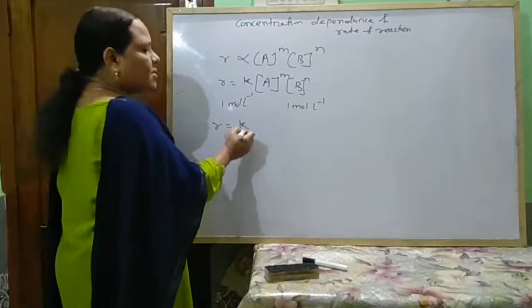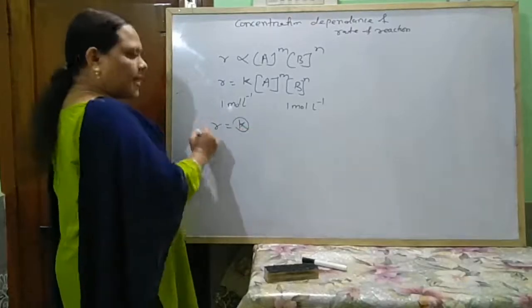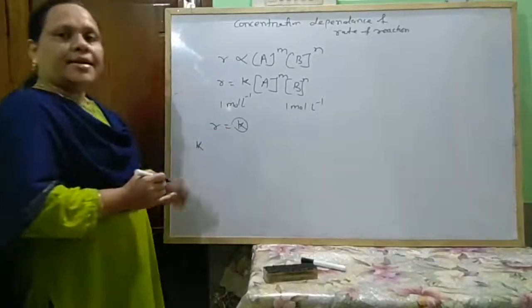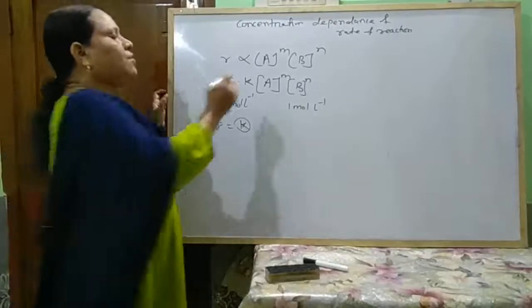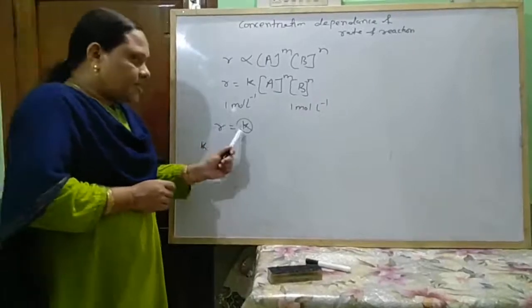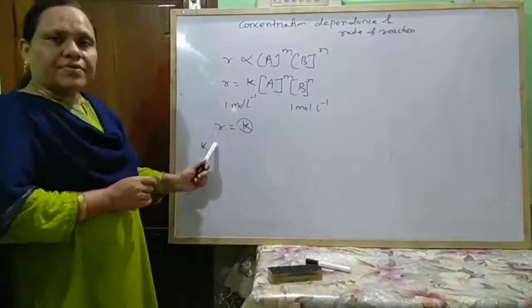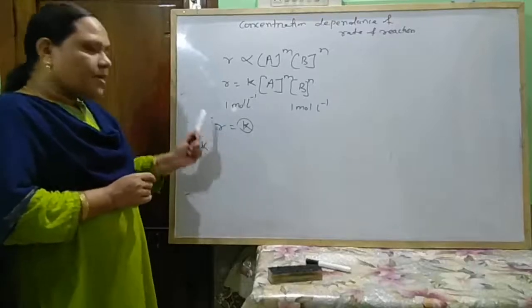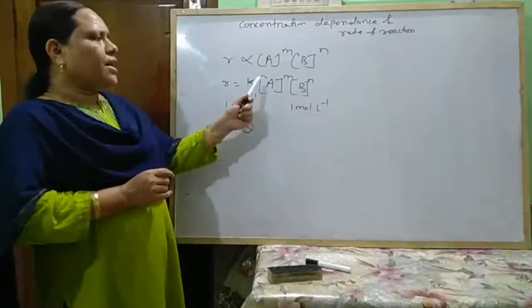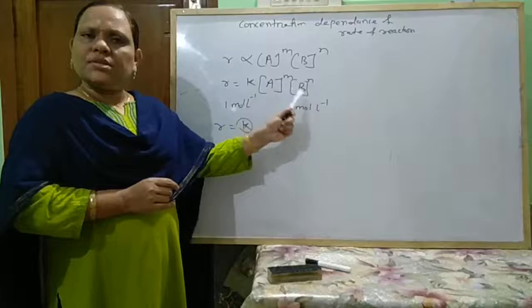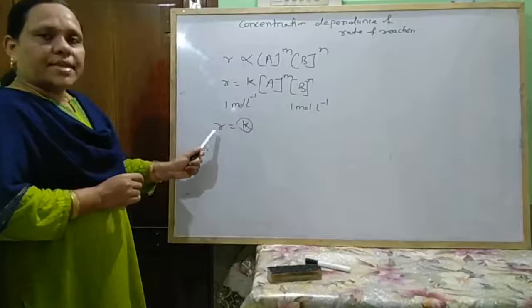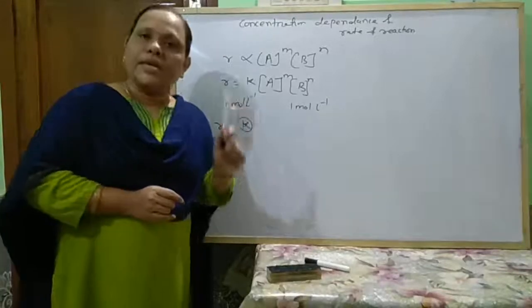In this way we can say the specific reaction rate, or the rate constant, or the velocity constant, is equal to the rate of reaction when the concentration terms are unity. Because R equals k times 1 to the power m and 1 to the power n, which gives you 1, so R equals k. So the rate constant is equal to the rate of reaction when the concentration terms are unity.